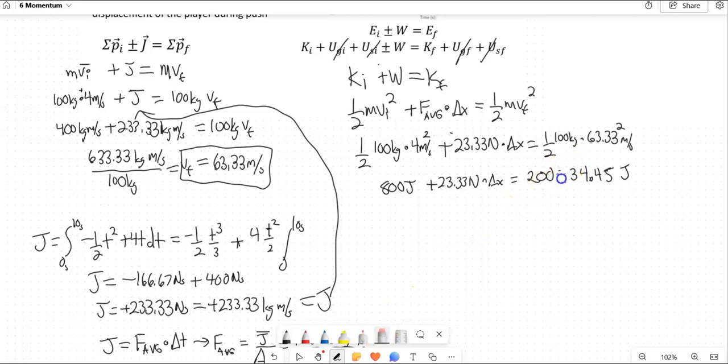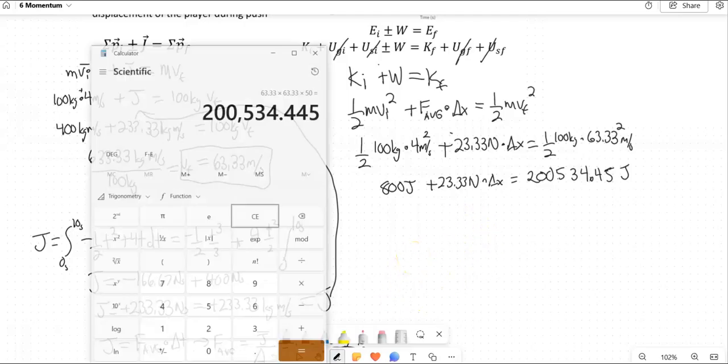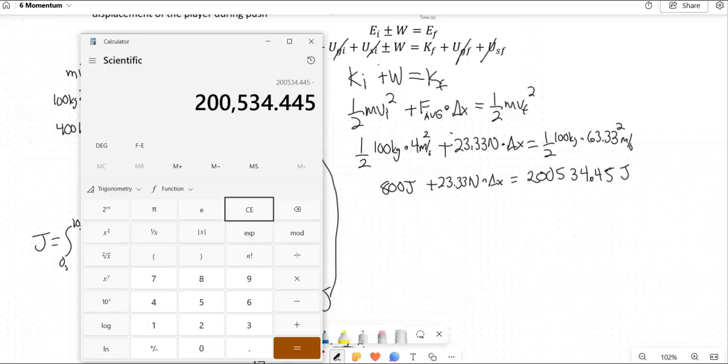Okay, I'm going to make sure that 5 looks like a 5. That's a huge amount, which we're going to then subtract off 800. So minus an itsy bitsy 800. And we're going to divide that by 23.33.